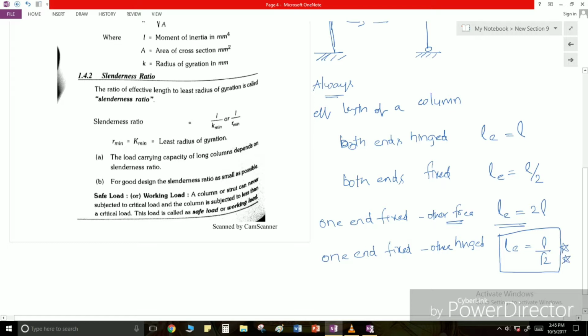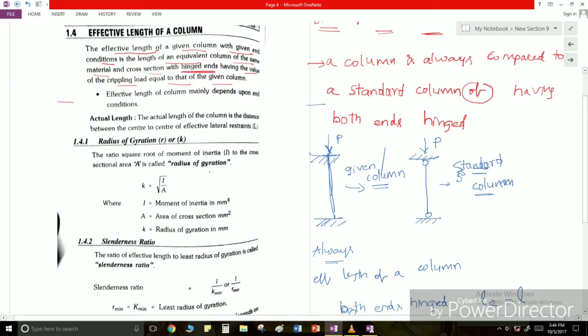Now, one important point: the effective length of a column mainly depends upon end conditions.